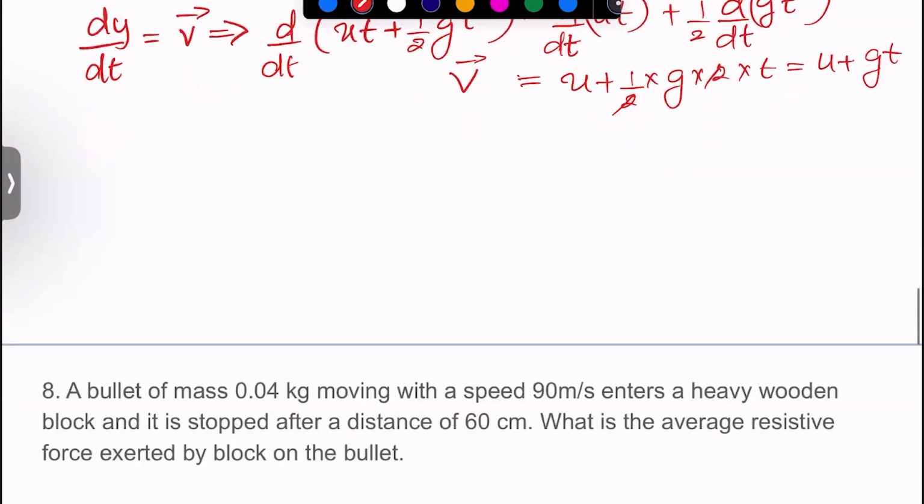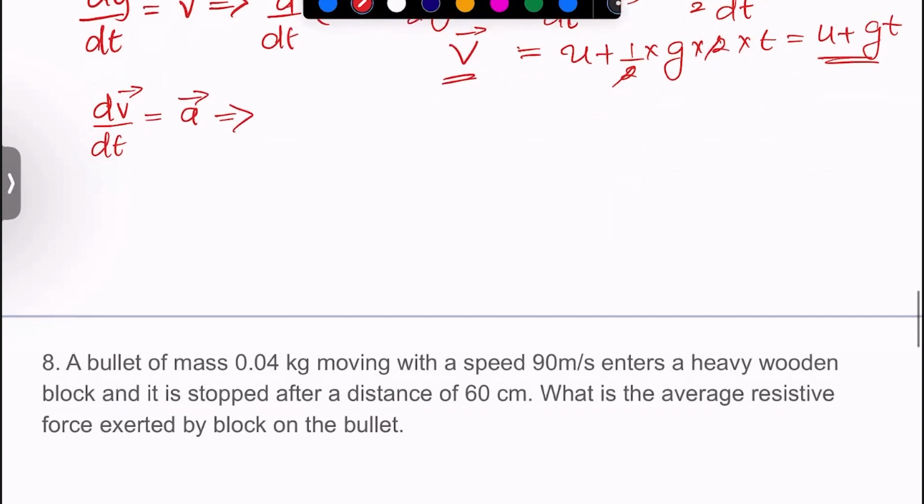Again, the derivative of velocity with respect to time. If we differentiate velocity with respect to time, we will get acceleration. Velocity is a function of time here.